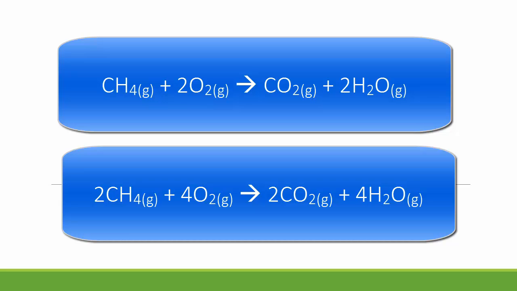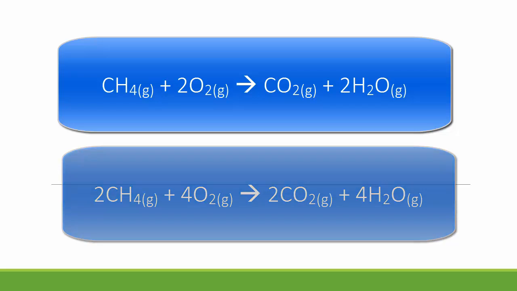Whatever my atom count, my molecule count, whatever it happens to be, I know that 2 and 4 produce 2 and 4. I know that 1 and 2 produce 1 and 2. What if I had a dozen methane? How many oxygens would I need to still have my perfect recipe?